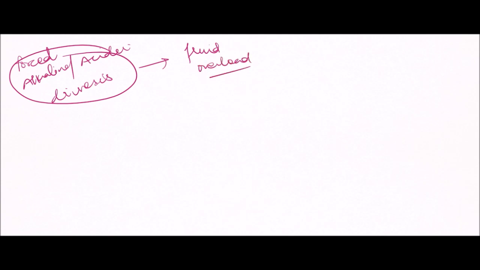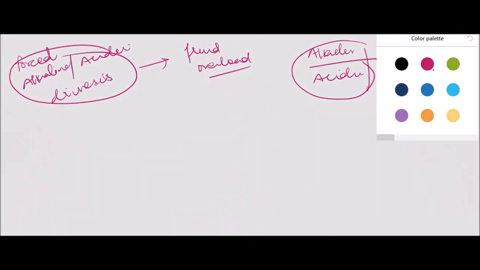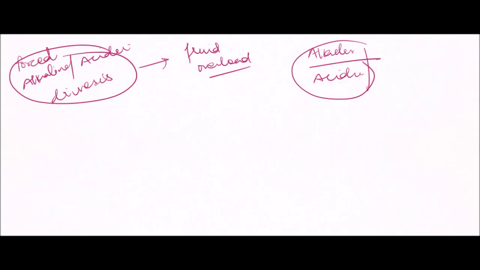So we will simply alkalinize, or add some acidic substance, for increasing the excretion of any drug.